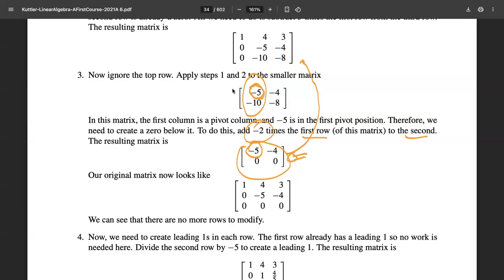So yeah, that one. And now we can see that they are okay, let me stop share and share back. So now we need to create leading entries.